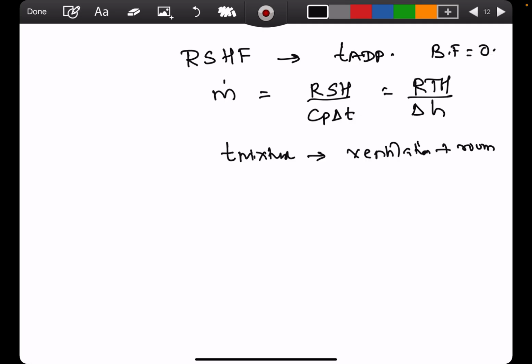Once you get the temperature and enthalpy of the mixture, you get the coil load or coil capacity. So this is the procedure.